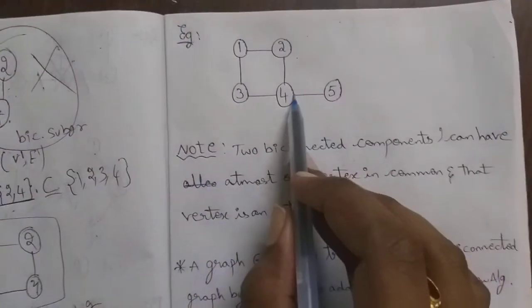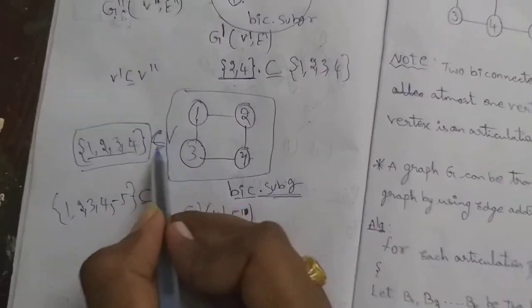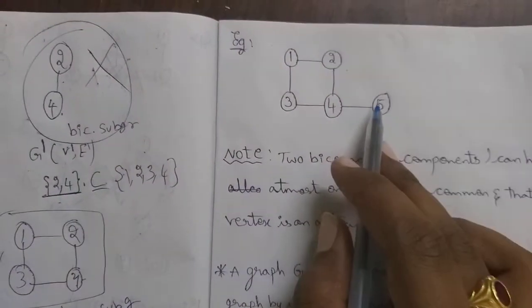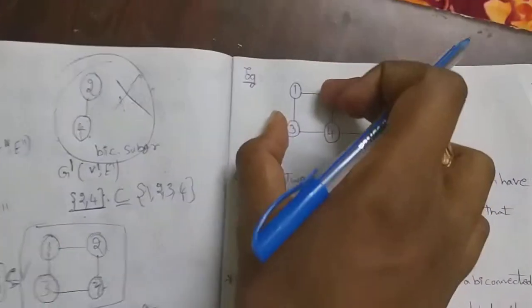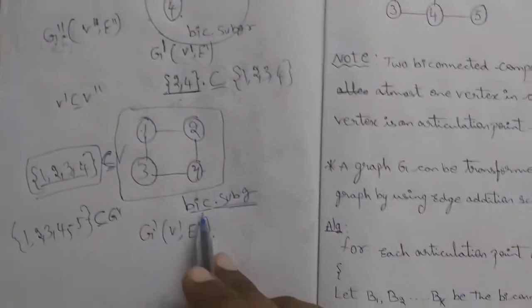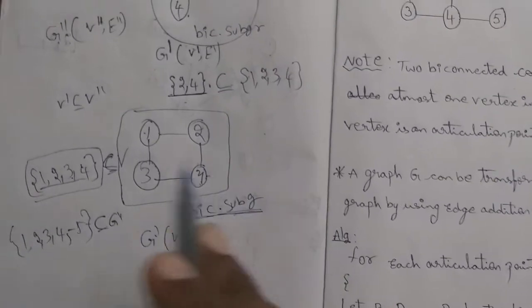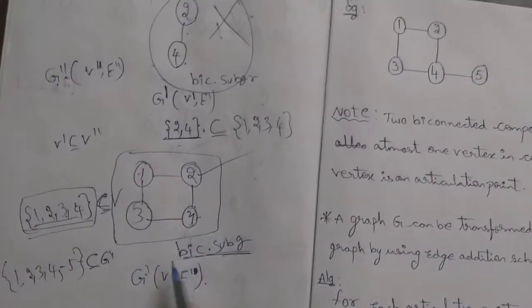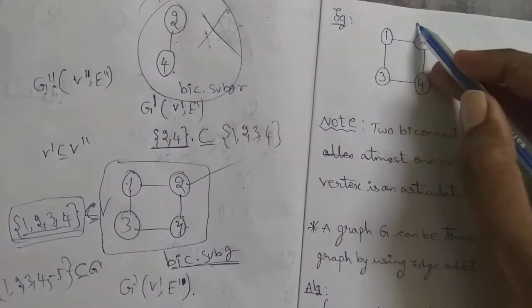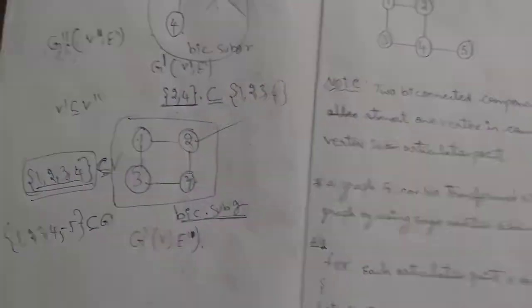No. If I try to include 5 here, the graph is not biconnected. Therefore, for this graph, 1, 2, 3, 4 is a biconnected subgraph and it is maximal. Understand? Therefore, 1, 2, 3, 4 is a maximal biconnected subgraph.